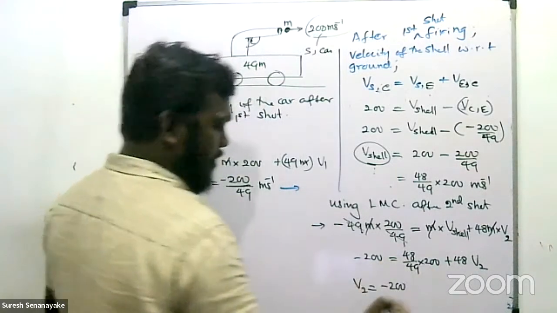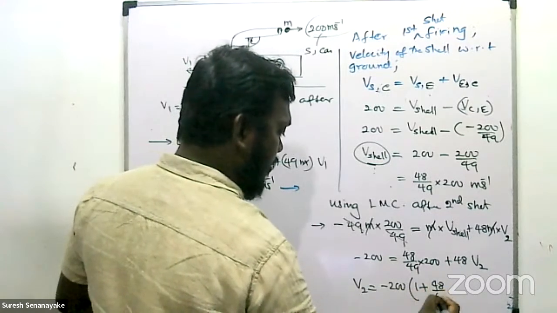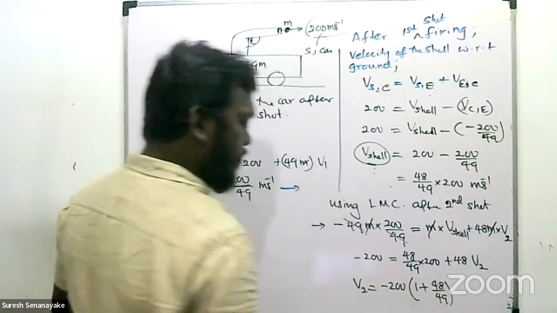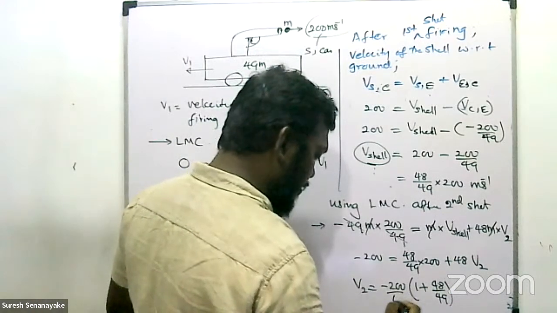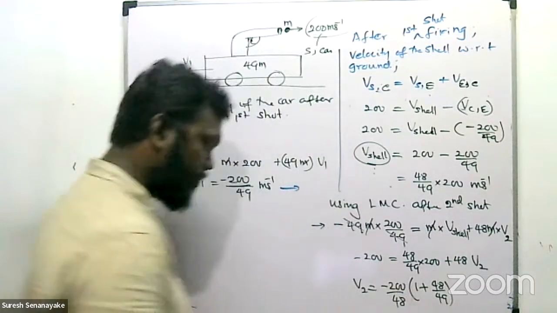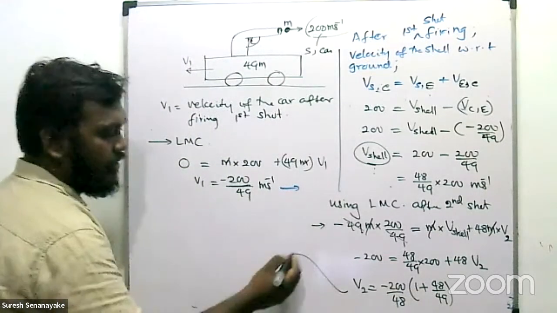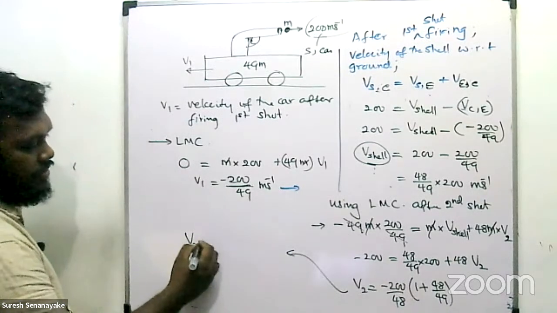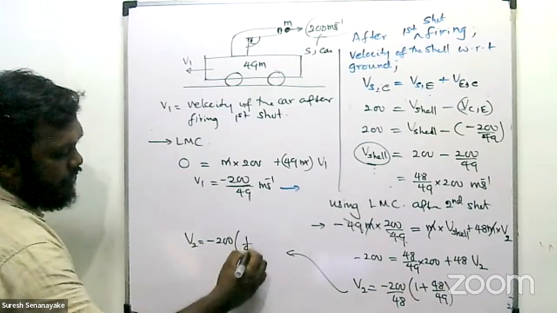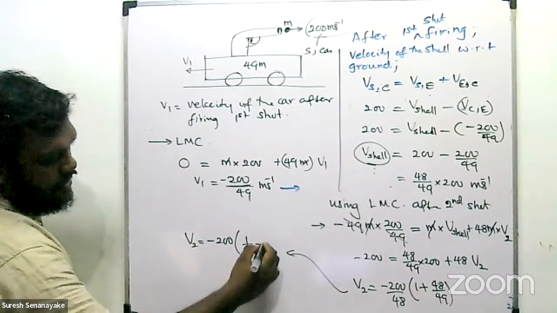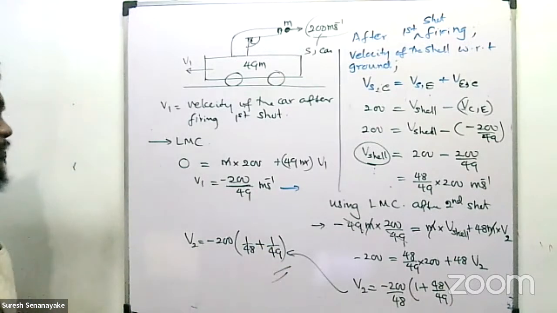We can take the minus out, and this is 1 plus 48 over 49, divided by 48. The velocity again, so that velocity equals minus 200 times 1 over 48 plus 1 over 49.